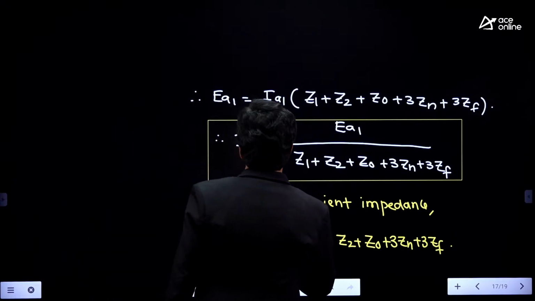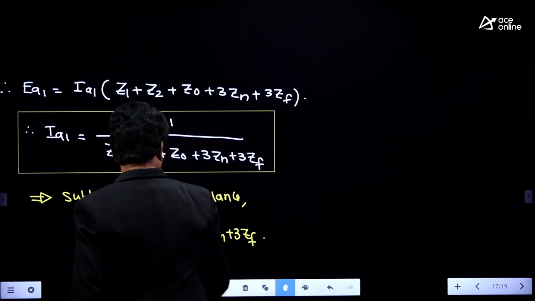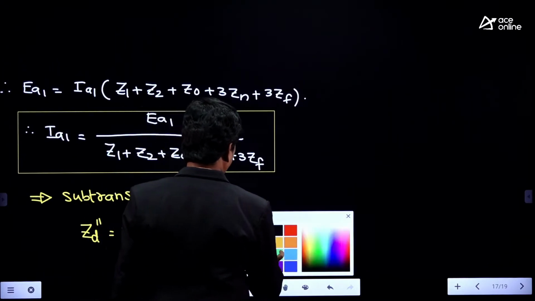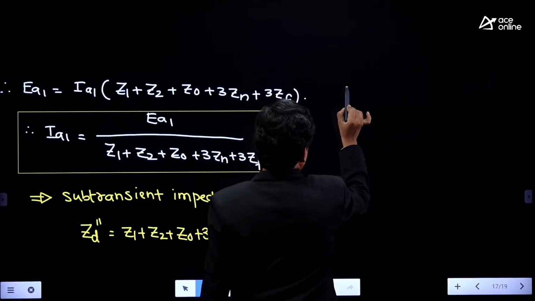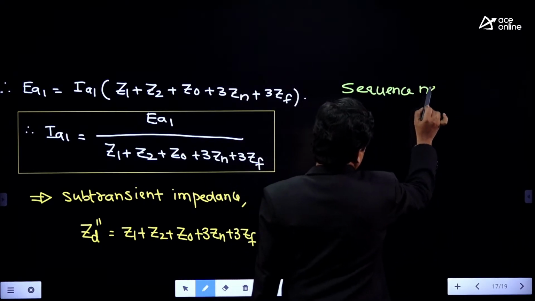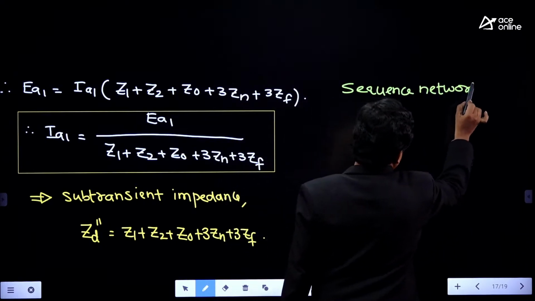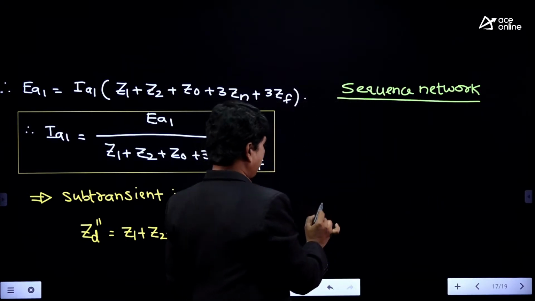So if you see the sequence network, first of all we have to draw the positive sequence network.